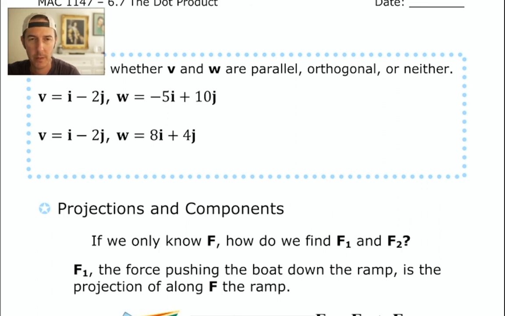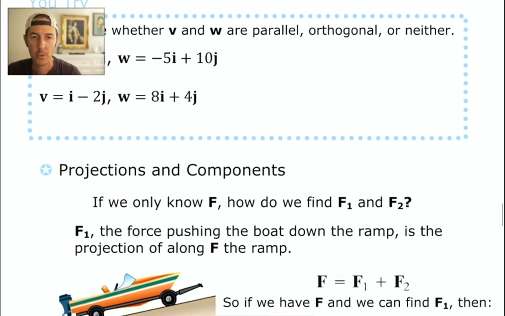On the next pair, oh no, sorry. Those are orthogonal. The first pair of vs and ws was parallel. The next pair of vs and ws is orthogonal. You'll have 8 minus 8, giving you 0 for the dot product. But try those on your own.